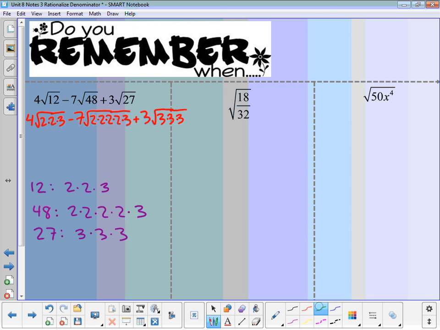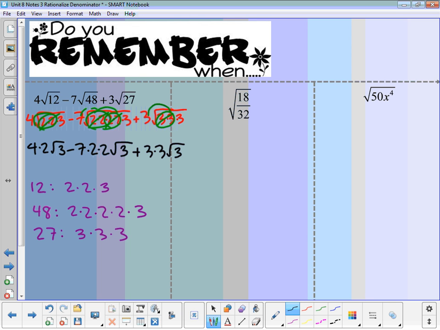And then I look for my pairs. I can take a pair of 2's out, 2 pairs of 2's, and a pair of 3's. And remember, when we take those out, they go away. They disappear from under the radical. So now outside, I have 4 times 2 root 3, minus 7 times 2 times 2 root 3, plus 3 times 3 root 3.